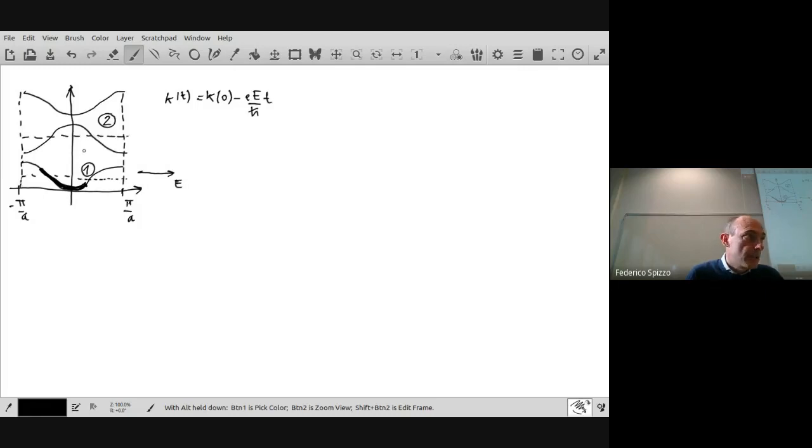If the Fermi energy is there, that means that the initial occupancy of the levels is given by these levels here. So this is the initial occupancy when no external field is applied.